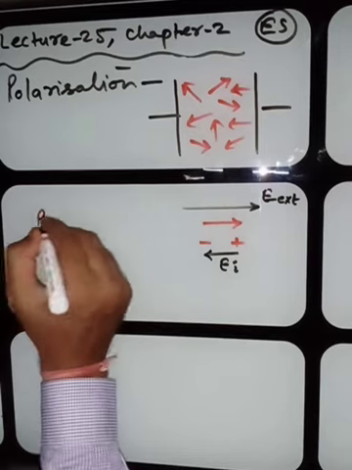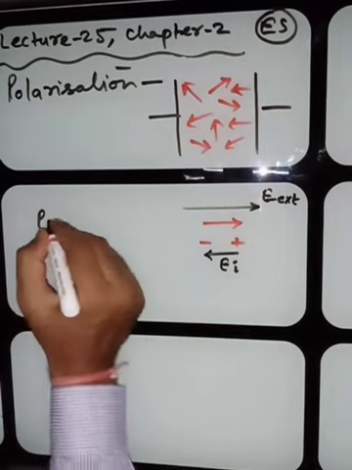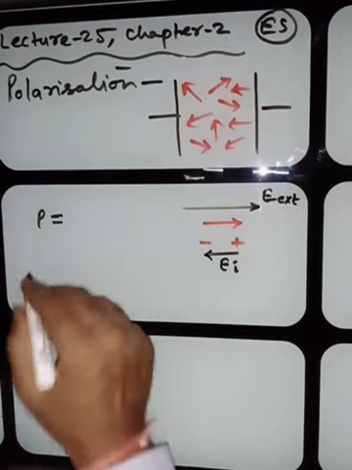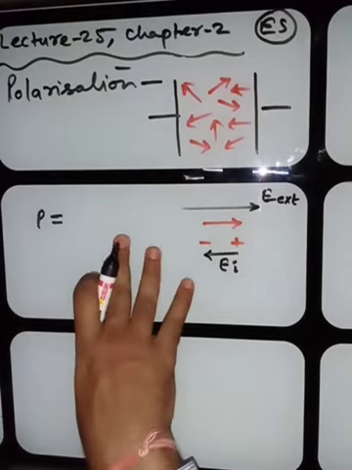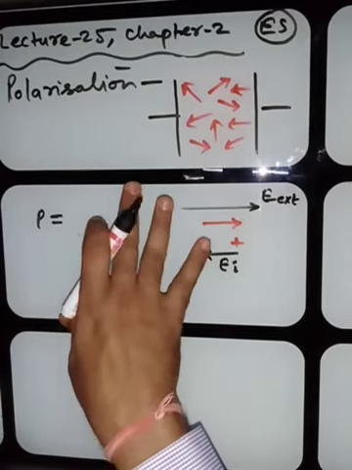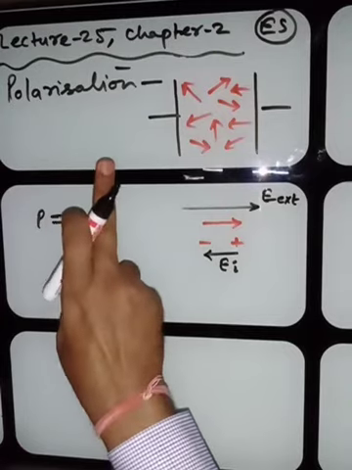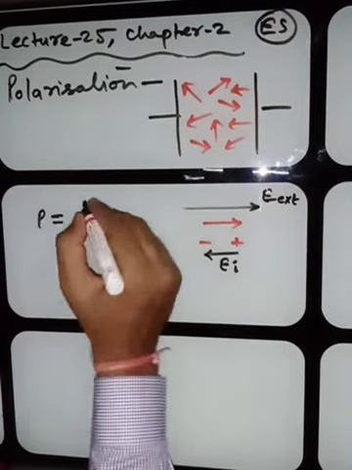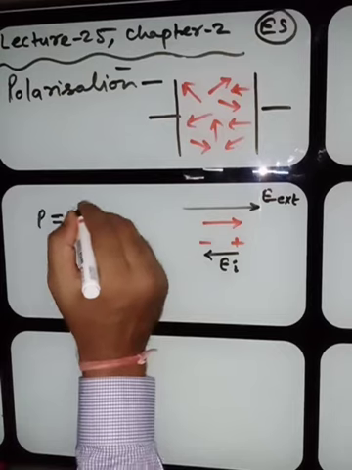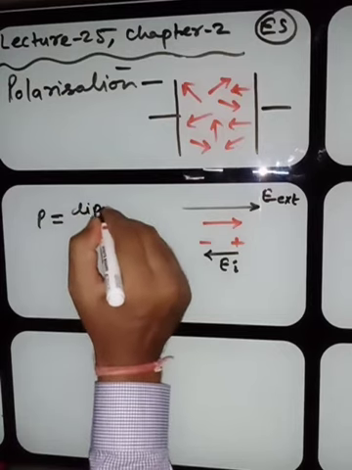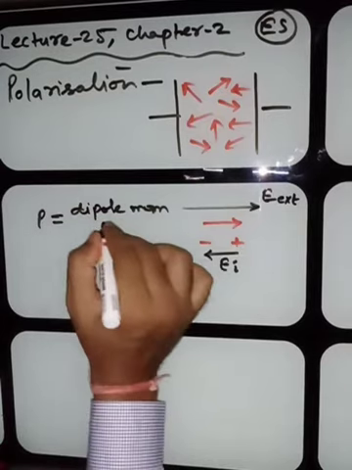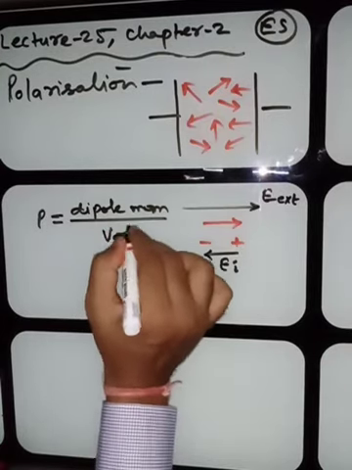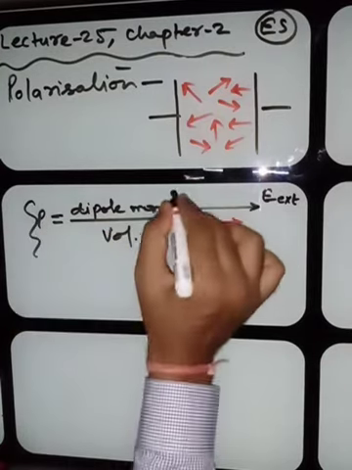It is represented by P, a vector quantity. We are using P here for the polarization. So mathematically, it is defined as the net dipole moment per unit volume, and this is the polarization.